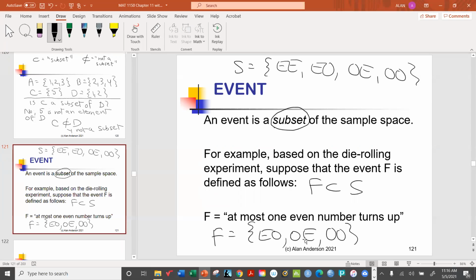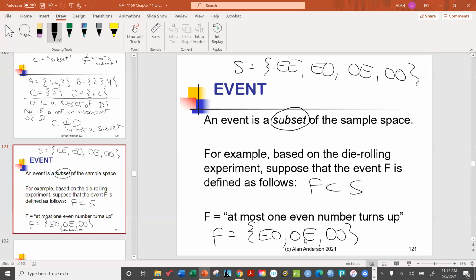So down here, for example, based on our experiment with the dice, F is at most one even number turns up, which simply means you only get one even or no evens. We're disallowing for the possibility of two evens. And so it's pretty clear that F is a subset of S because all the elements of F are contained within S, and therefore that means that F is an event.